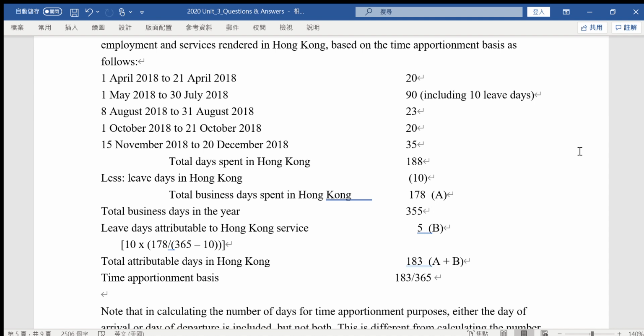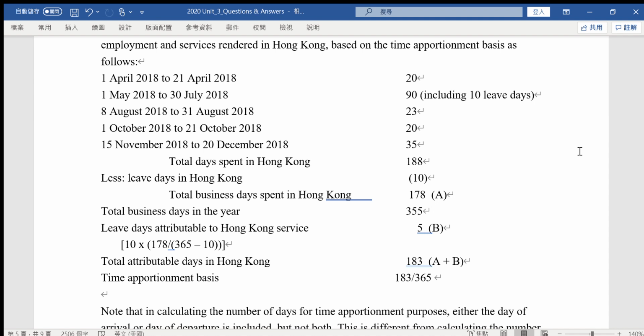Then go down to another period, 8th of August 2018 to 31 August, that is 23 days in total. 1st of October 2018 to 21 October, 20 days. 15 November 18 to 20 December 18, 35 days.